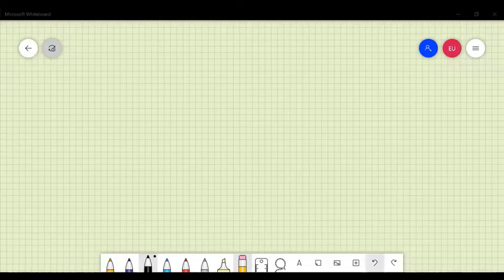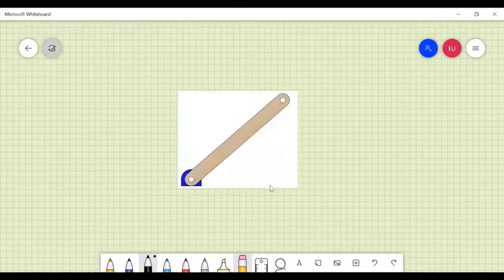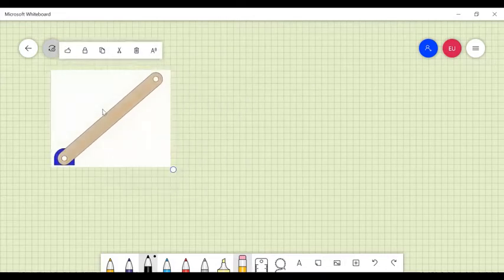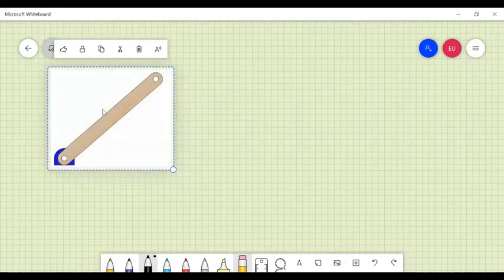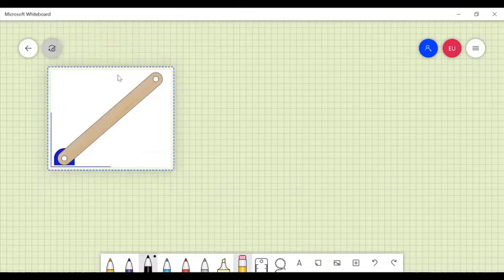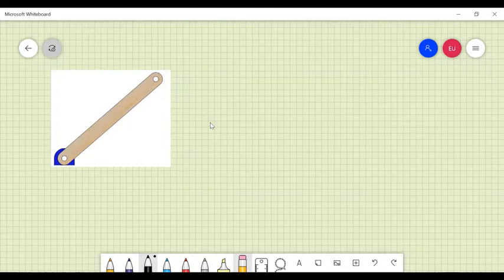Let's draw the first one. Oh, I can have it from here because I did a screenshot. That's the first one, if you remember. Okay, I'll fix this here, and I'll do a kinematic diagram to represent this system.